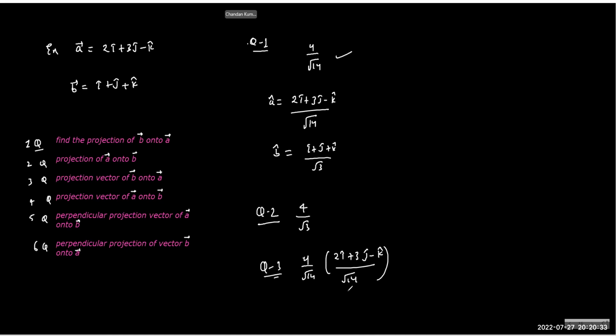Every vector will have two projections, one along the vector, another perpendicular to the vector. If we have a vector A, and let's say this is any line, no need to say this is B or whatever. So every vector we can have two components, one along and another perpendicular like this. So this you got as the projection vector. This is the A cos theta. So how to find A sin theta? That's the question. And that too in vector form.